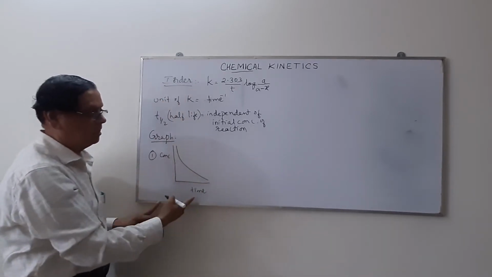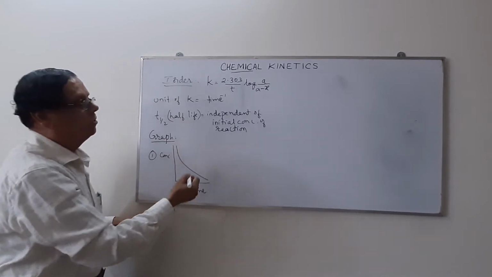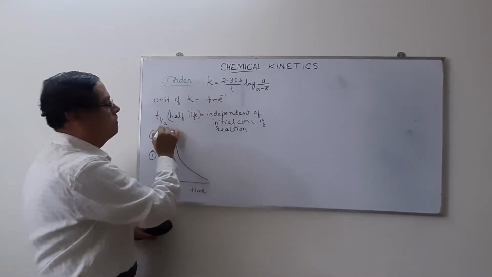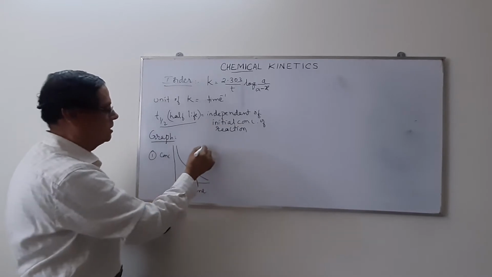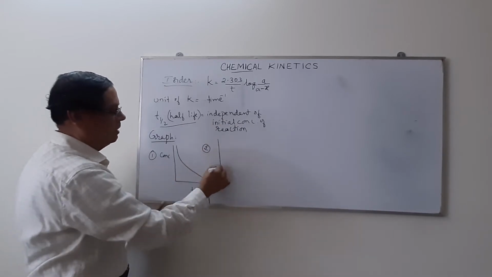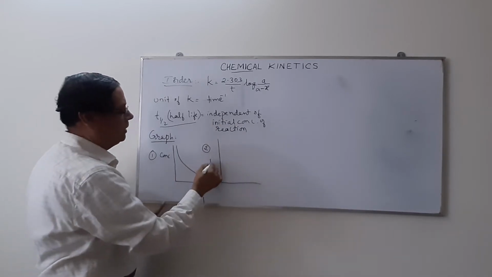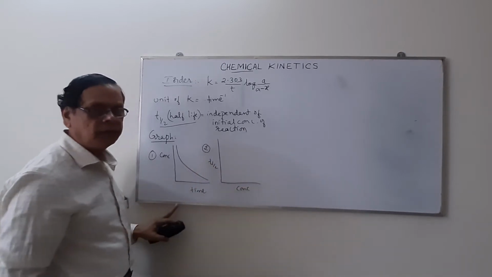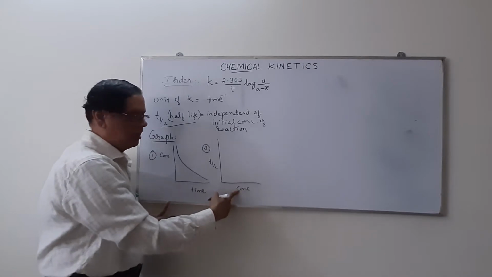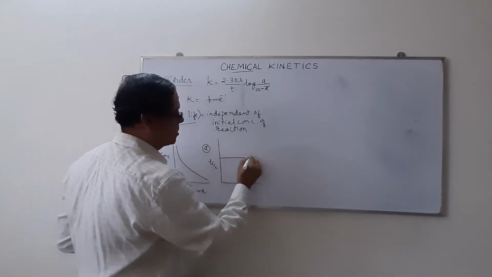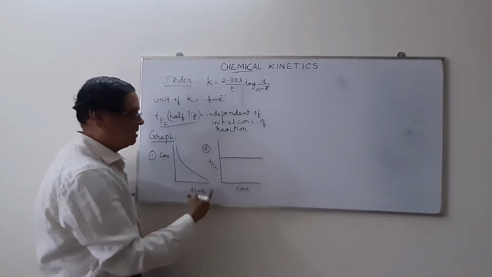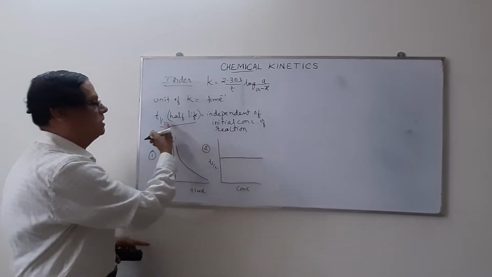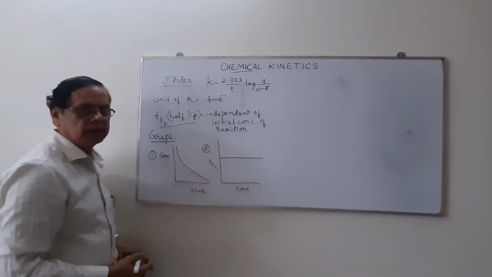Now I am having this half-life period independent of initial concentration. So if we take the second graph, half-life t half versus concentration, irrespective of the concentration, this half-life will remain constant. So this is the second graph that indicates the half-life versus concentration.